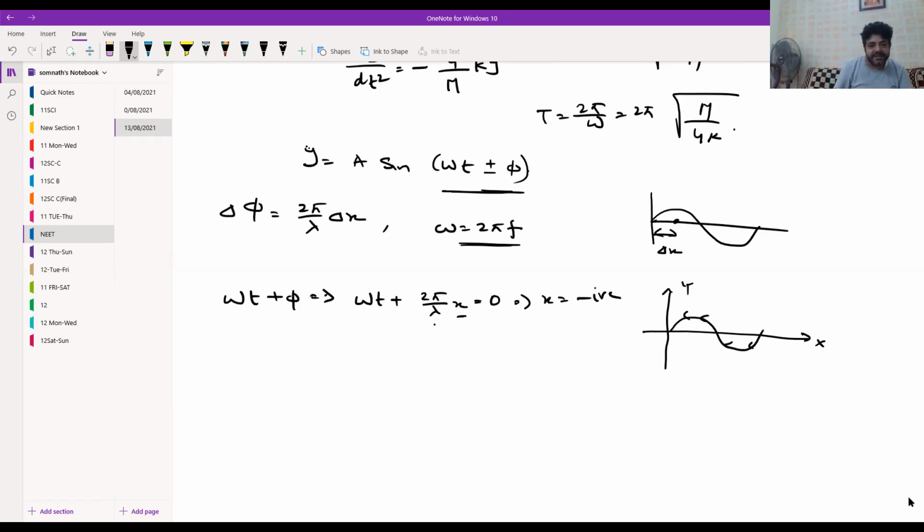Yes, sir. Next important part is omega t, that is an angle, and 2 pi by lambda into x, that is also an angle.